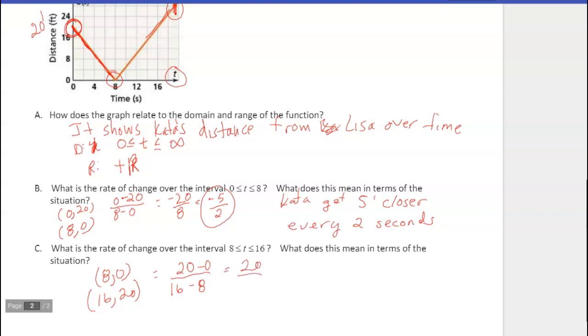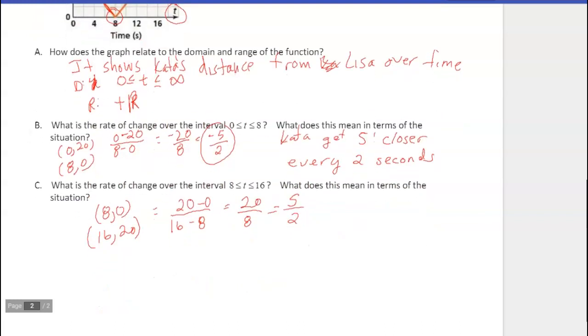So that's 20 over 8, which again, if I divide both of those by 4, 5 over 2. What does this mean in terms of this situation? Kata gets 5 feet further away every 2 seconds.